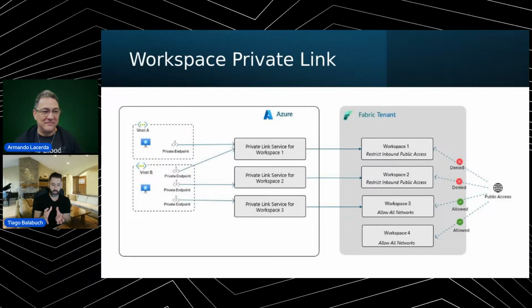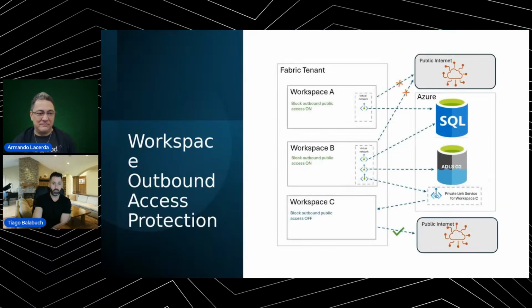So we are securing the data that is entering into Fabric. But now let's think that our data is already there, and we need to protect the data from being exfiltrated from the workspace.